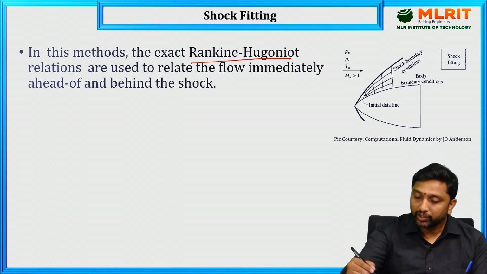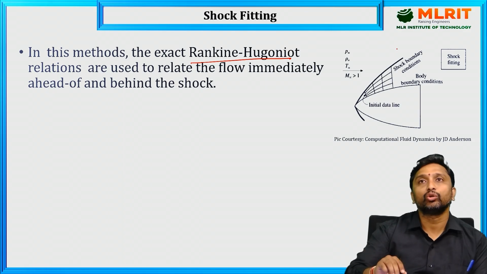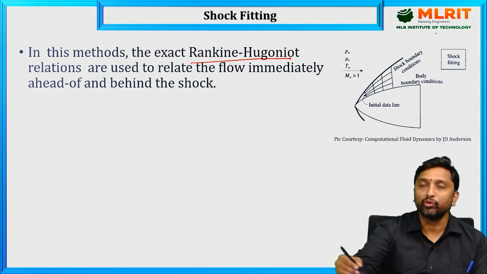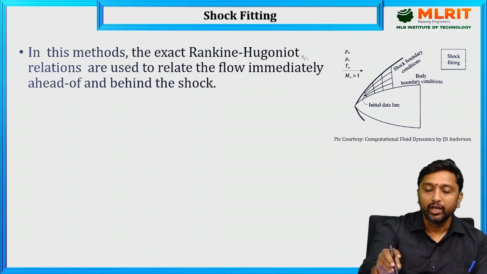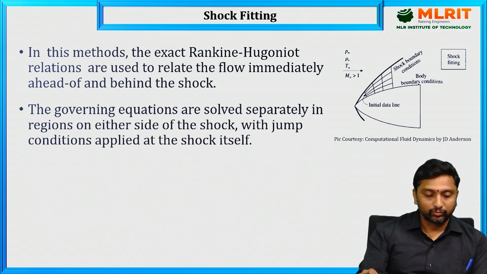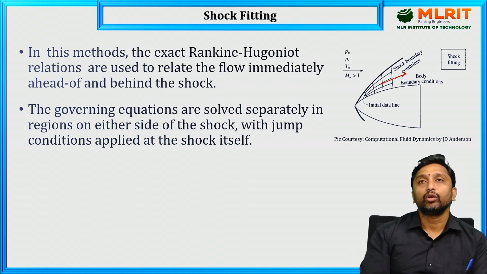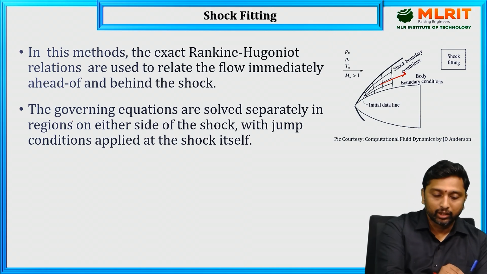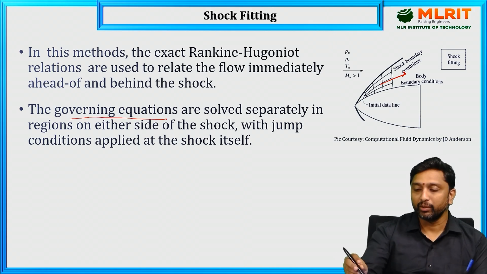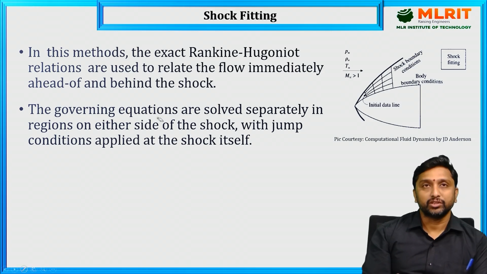Then based upon the appearance of the shock wave, the boundary for the computational domain is set. That is, the shock wave will be one boundary and the body of the object itself will become another boundary, and all the computations are carried out. Then in between these boundaries, the computation is carried out by other governing equations like continuity, momentum and energy equations, whatever we came across in earlier stages.